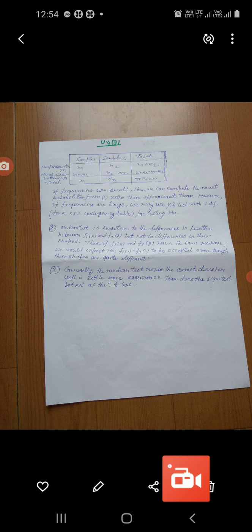Now if the frequencies are small, then you can compute the exact probabilities from equation number 1 rather than approximate them.